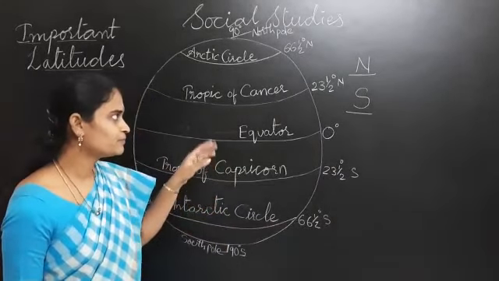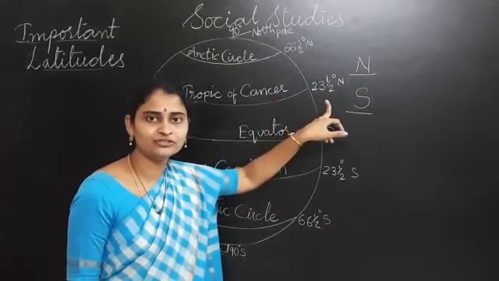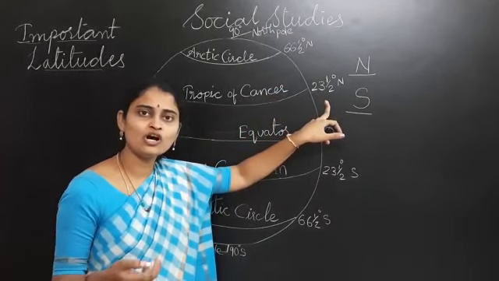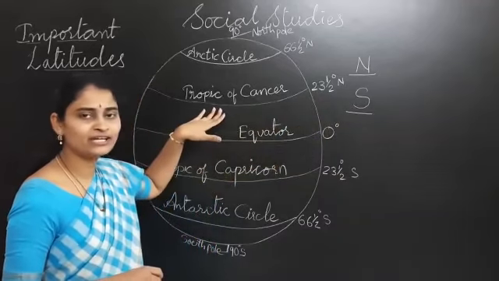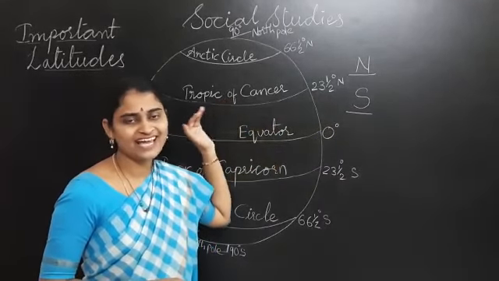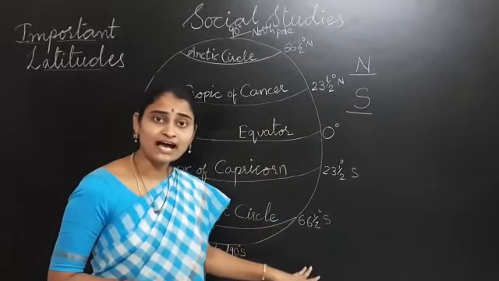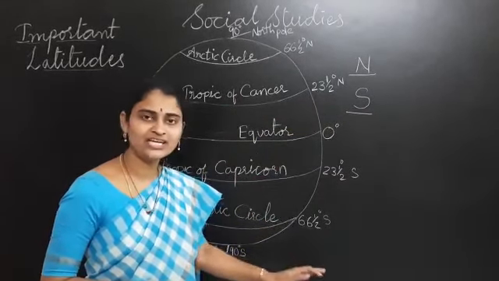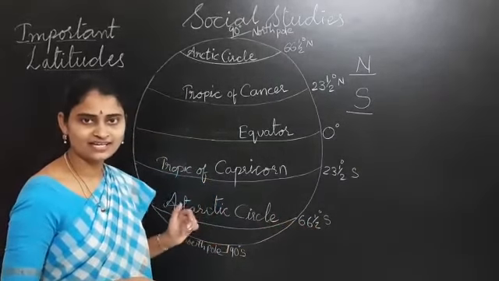For example, 23.5 degrees north latitude is dash, or for the objective type, the multiple choice. What do you have to write? The Tropic of Cancer. Another example, 66.5 degrees south latitude is dash. What do you have to write? Antarctic Circle.